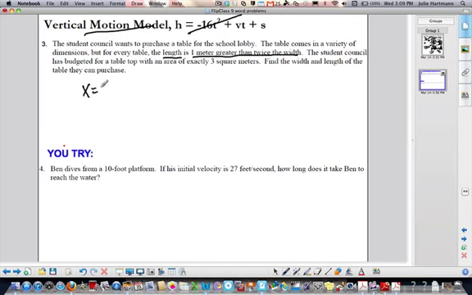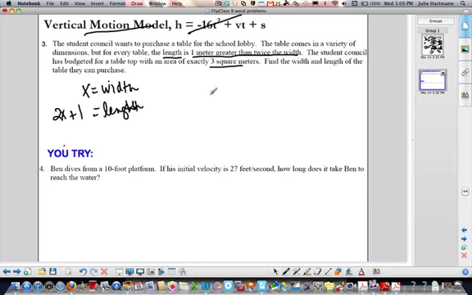But you have the length is 1 meter greater than twice the width. So let's call x our width. So our length, 1 meter greater than twice the width would be 2x, 2 times the width, plus 1. The student council has budgeted for a tabletop with an area of exactly 3 square meters.